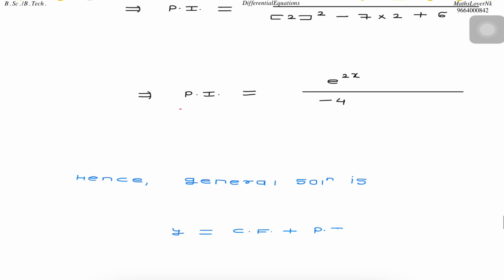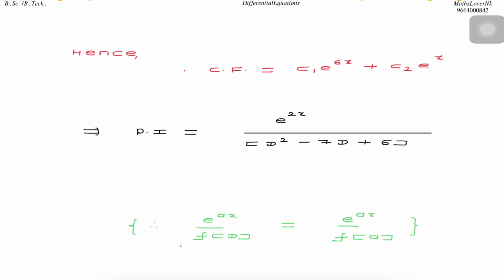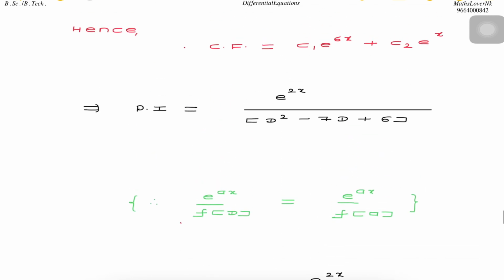So y is equal to CF, which is C1 e the power 6x plus C2 e the power x, plus PI, which is minus 1 by 4 e the power 2x.